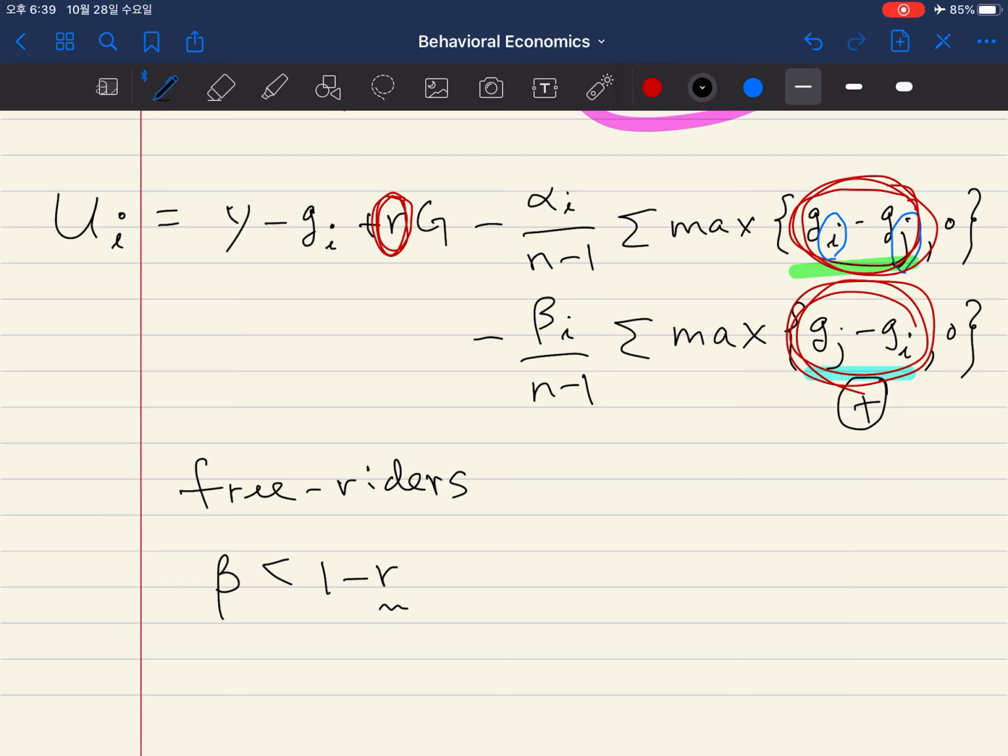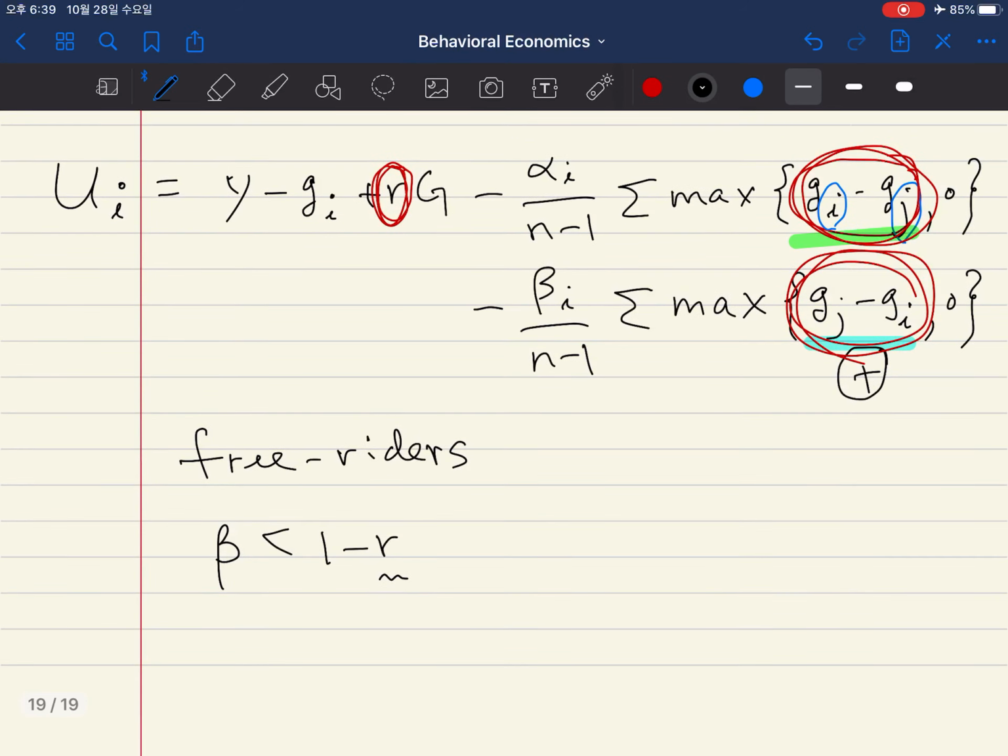So how do we know? This is the intuition. If this individual with beta less than 1 minus r contributes 1 unit of public good, then his expenditure for public good goes up by 1.